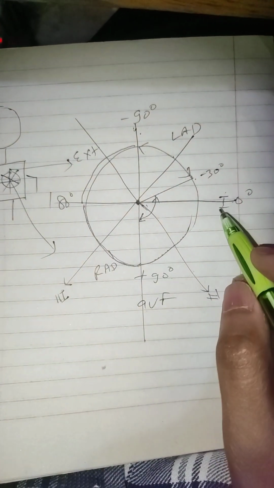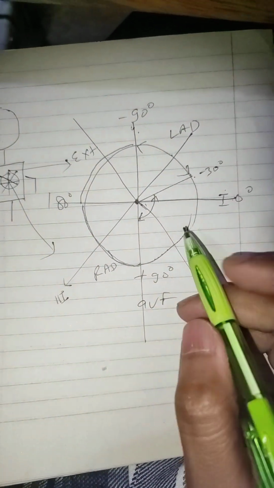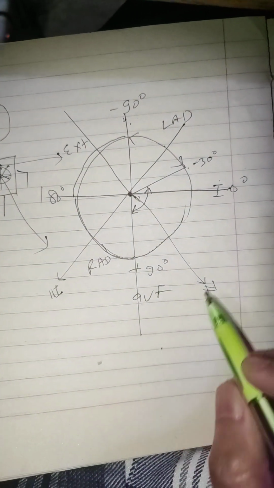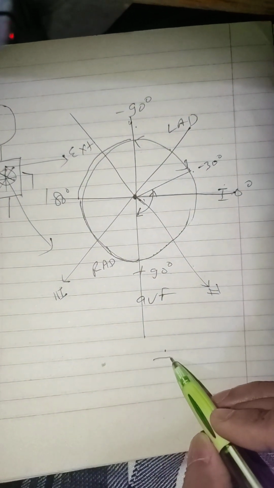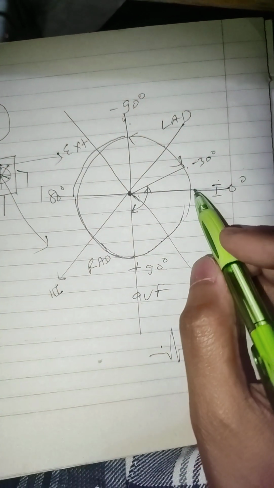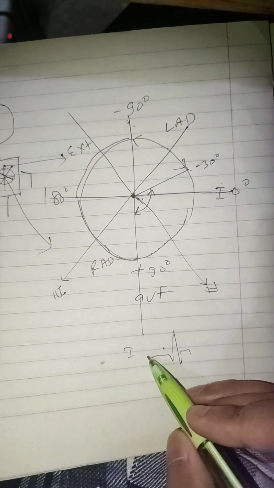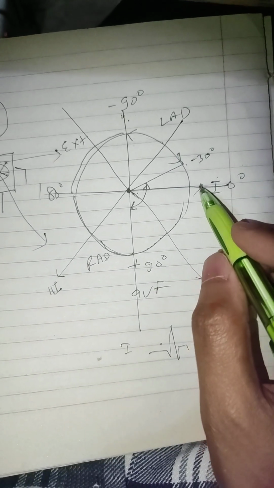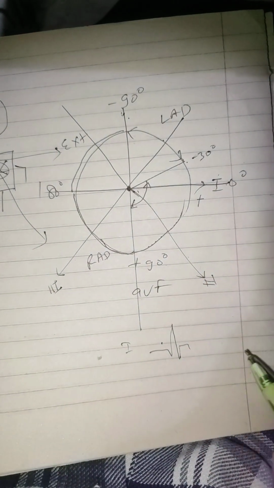So let's say in any ECG, you saw that in lead 1 there is a predominant positive wave, which means in lead 1 it is positive. So the vector is in this direction.